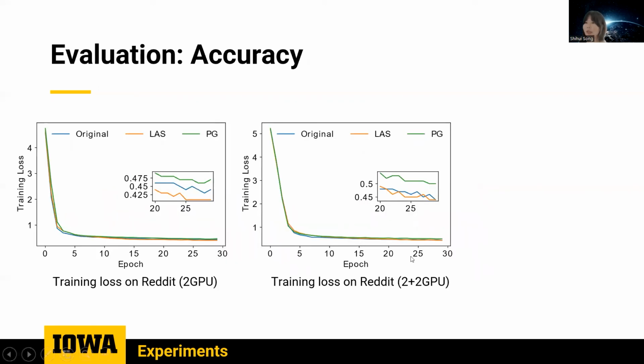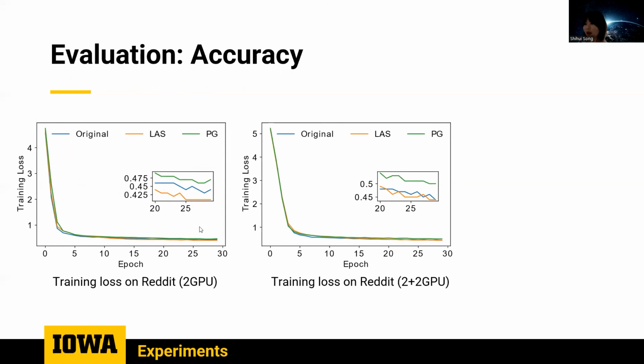To show how locality-aware sampling affects the training process, we compare the training loss of different sampling methods with all GPU settings. Here we use an adaptive scale factor with a maximum value of 8. In this figure, we can see that our method has similar convergence speed with the original, and we even have smaller loss at the end of training.